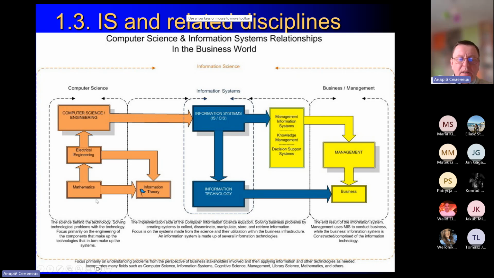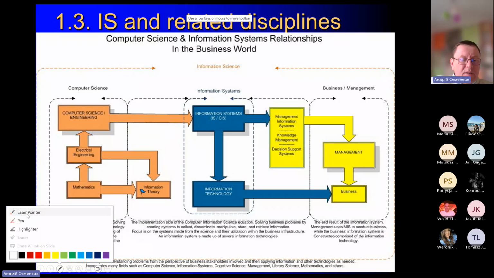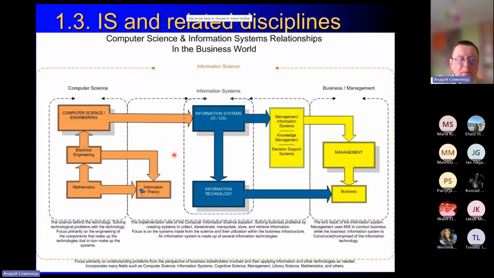Those end up in information theory and information technologies. They are the keystones to build an information system through computer science engineering expertise.